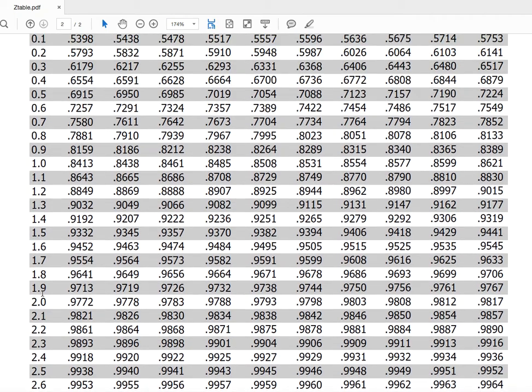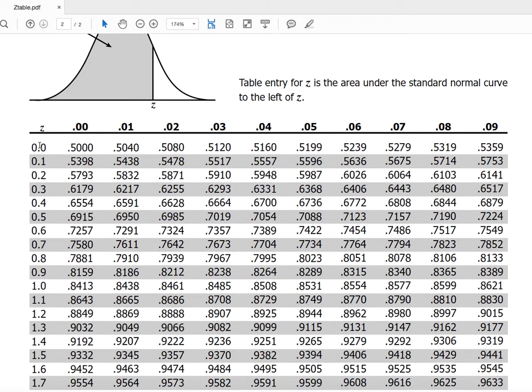Notice that the Z value here is given in a column, but also there are rows. For example, 0.1 has 0.100, 0.101, 0.102, 0.103. That's why this row is used as well, so the row is used and the column is used also. So 2.5 means you will have 2.500 or 2.50, it's the same thing.